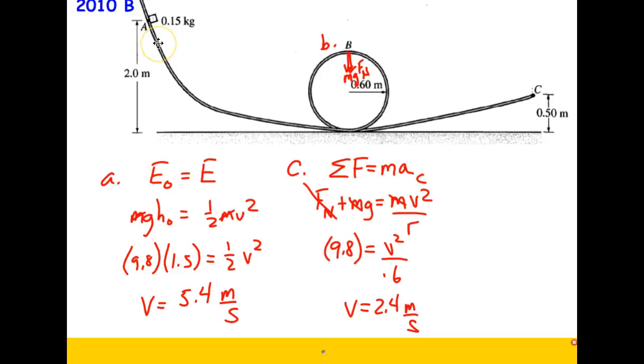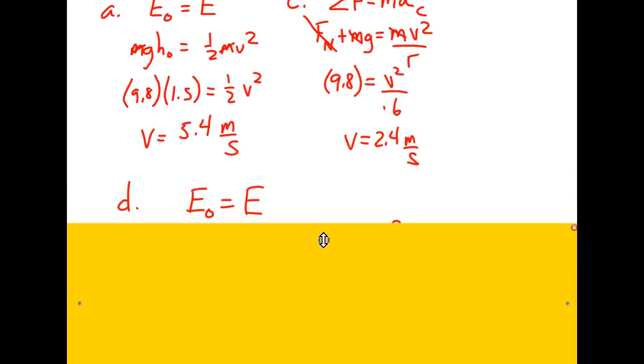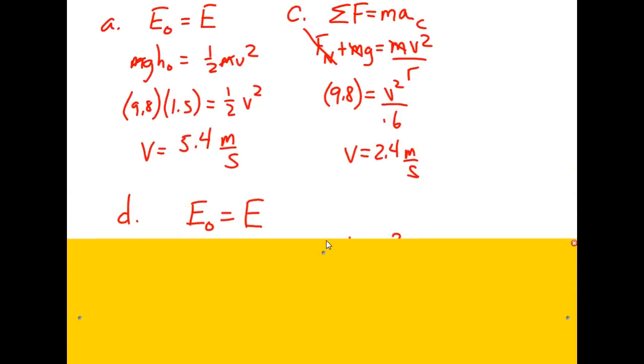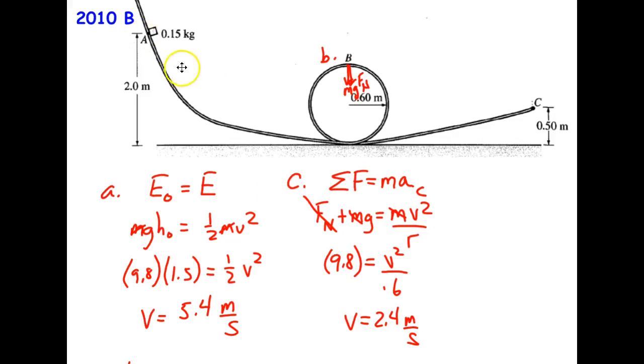At what height can you let go of it? And it would have 2.4 meters per second of velocity at point B. This is another conservation of energy solution. And we're comparing this initial spot, wherever it is, to point B.